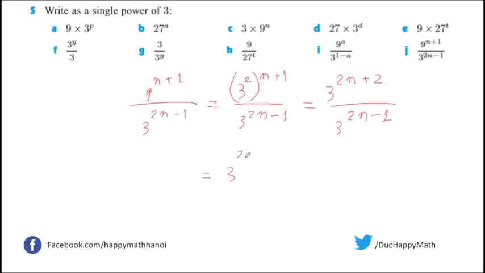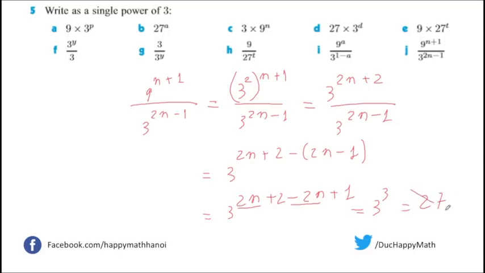So 2n plus 2 negative 2n negative 1, and you will have 2n plus 2 negative 2n plus 1. So you have 2n negative 2n, so you can cancel 2n here. You just remain 3 power 3, which means 27, but you shouldn't write down 27 because the exercise asks you to write a single power of 3. Okay.